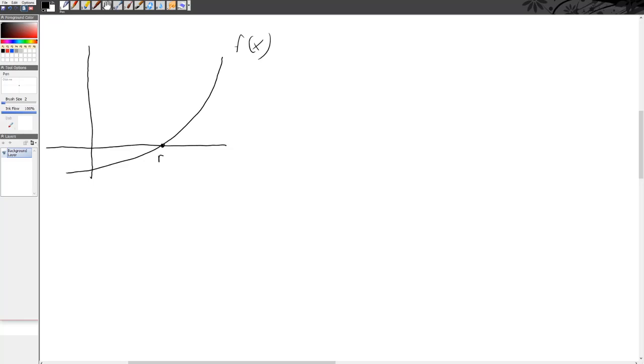So the whole idea behind Newton's method is going to be the following. Pick x1 close to r. Whatever that may mean, we'll talk about that in a little bit. So there's x1. Then we take the derivative of f of x at x1 and then find the tangent line.